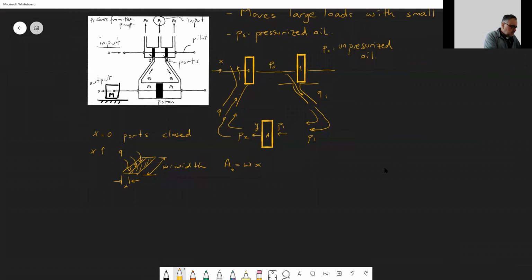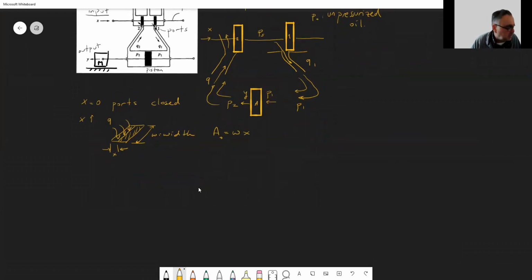Now let's try to model this, a mathematical model of it. We said that the orifice, the port, has an area, port area A0, okay? Now the flow going through that area, Q, is, if you remember your fluid mechanics, you have an equation, something like this, okay?